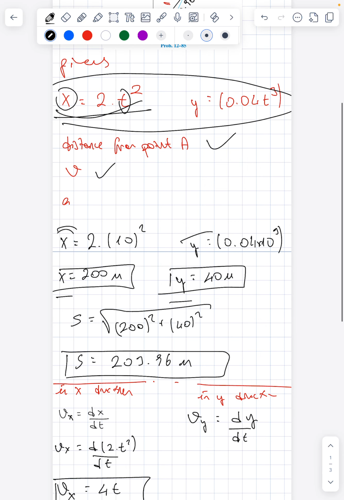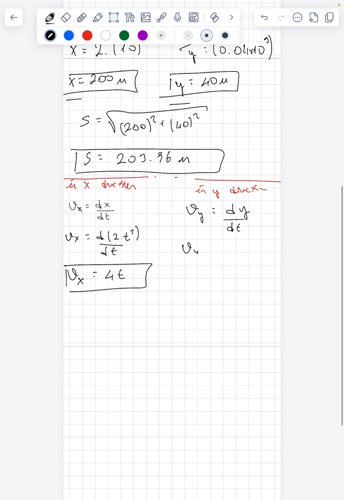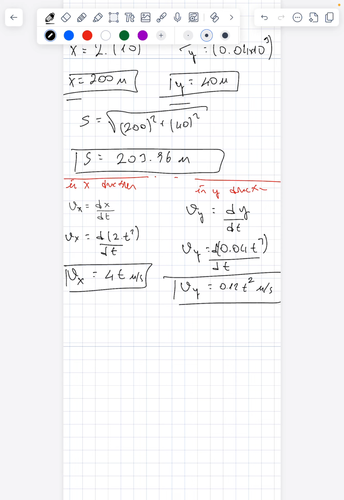So I take the derivative, and vy is equal to 0.12t² meters per second, of course. Don't forget to write down units, guys. This is really crucial for any engineering, any physics.